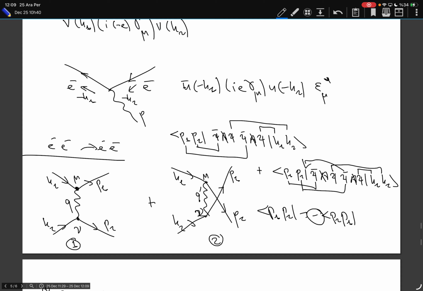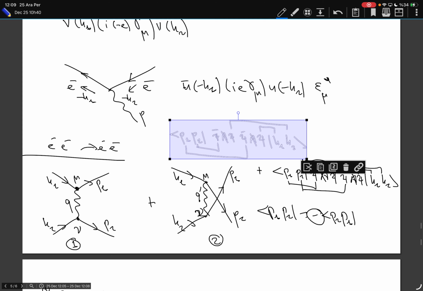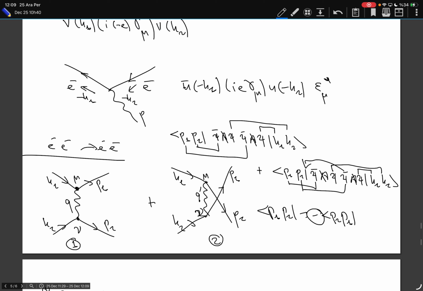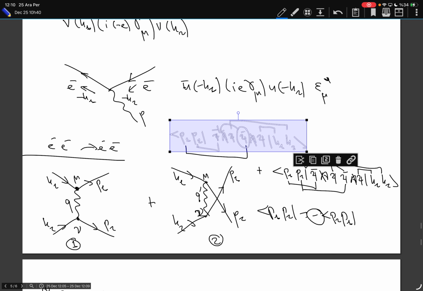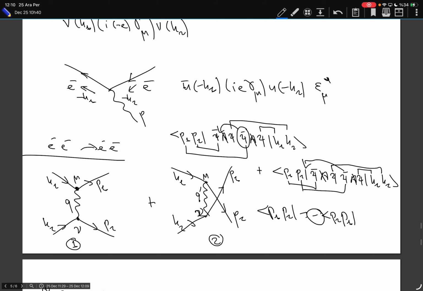But in this diagram, I should anti-commute this psi bar over one fermionic field only. There will be one minus in the first one. There's an overall minus sign, which I just take to be positive, if you like. This one corresponding to this diagram, I took that to be positive. The other one had a relative minus sign.